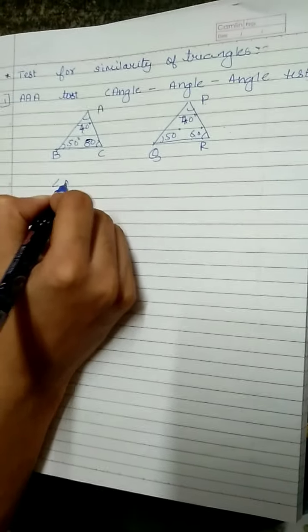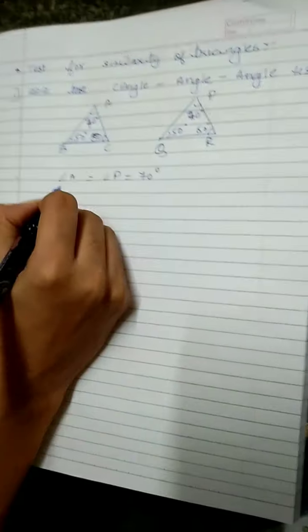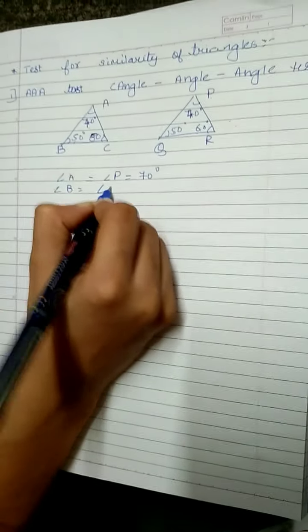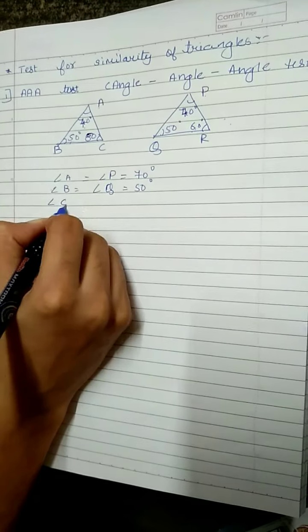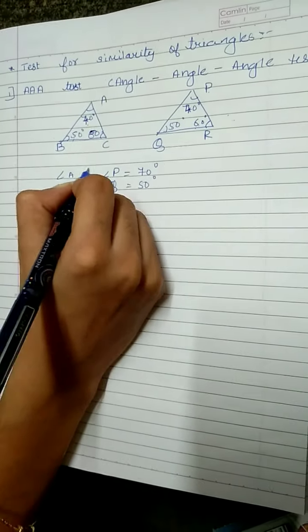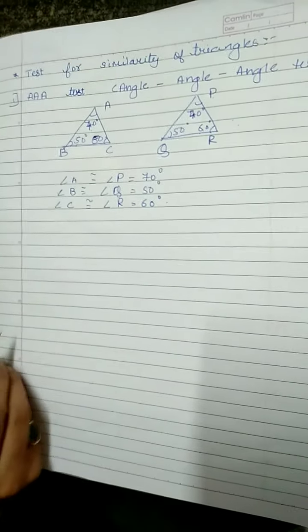In the next figure, angle R is 70. So angle A is congruent to angle P, which is equal to 70. Next, angle B is congruent to angle Q, which is equal to 50. Angle C is congruent to angle R, which is 60.